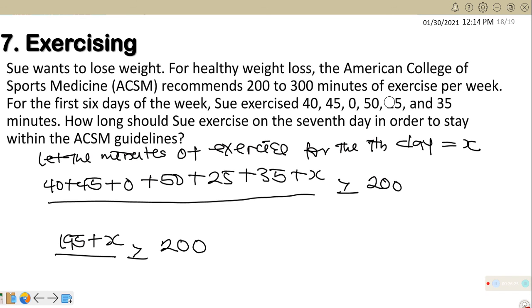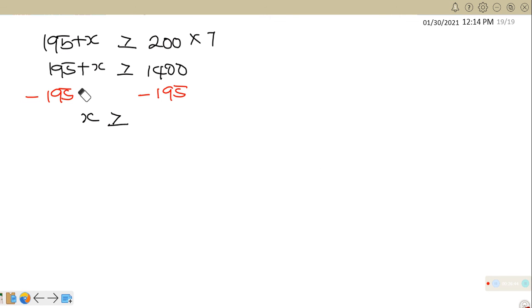Remember the American College of Sports Medicine recommends 200 to 300 minutes of exercise per week. So if we add everything together, our sum must be greater than or equal to 200, not the average. So we are not multiplying by 7. So if we subtract 195 from both sides, we have 5.